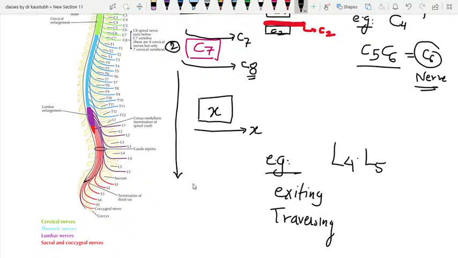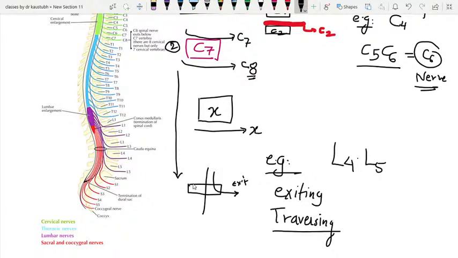Traversing means the nerve which is passing straight through. The exiting nerve goes out through the vertebral column to supply its specific region, whereas a nerve which is passing through to the lower segment is called a traversing nerve.